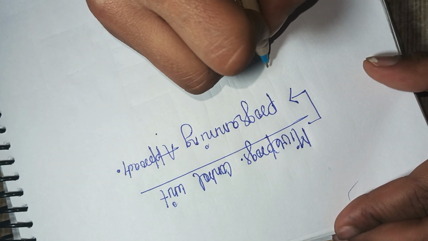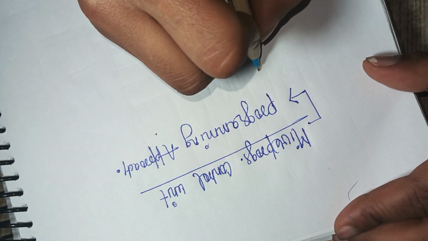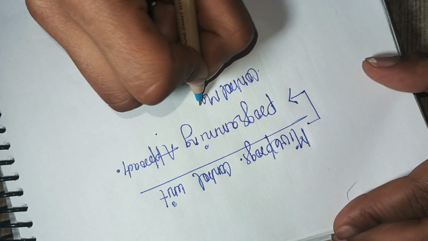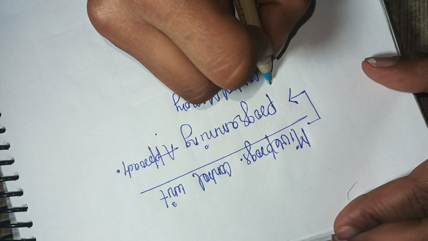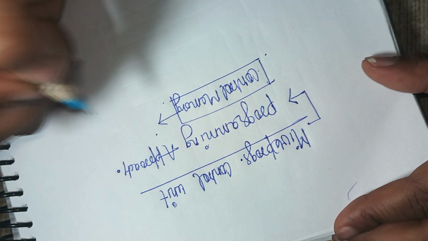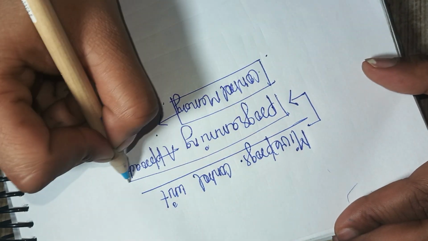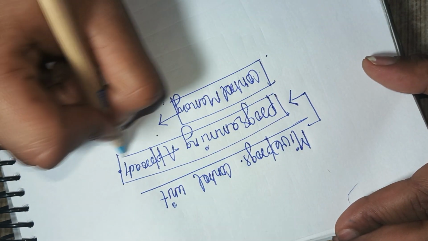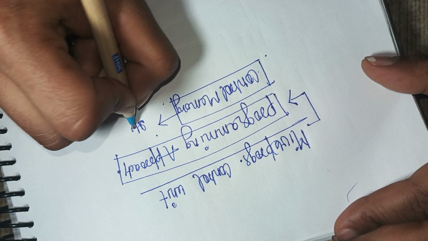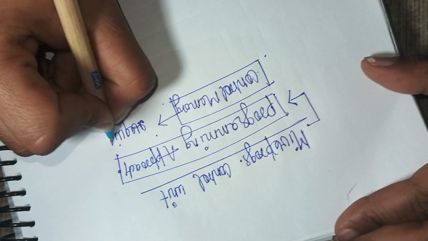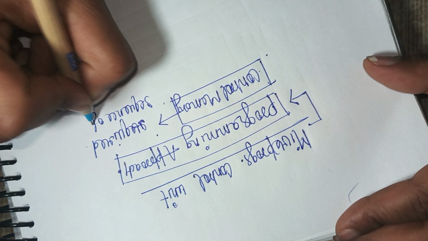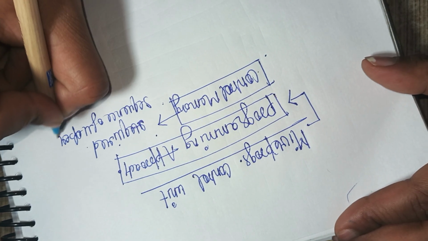Here the control signal or the control information is stored in a control memory, and this control memory is programmed using a programming approach to initiate the required sequence of micro operations.